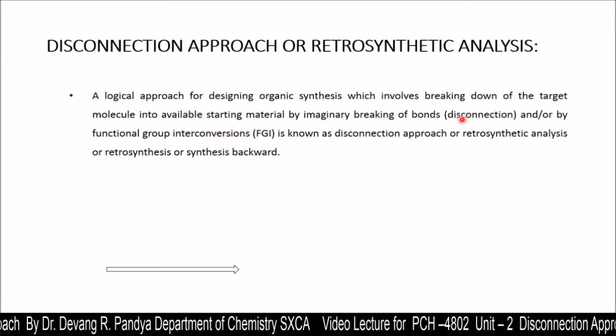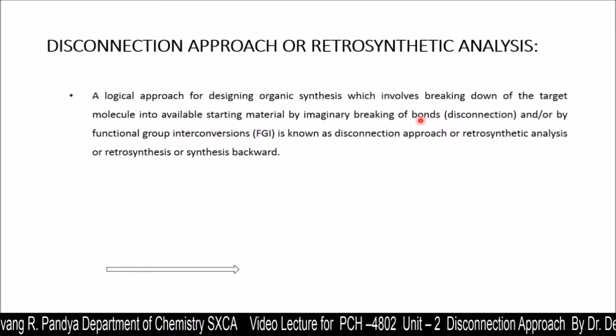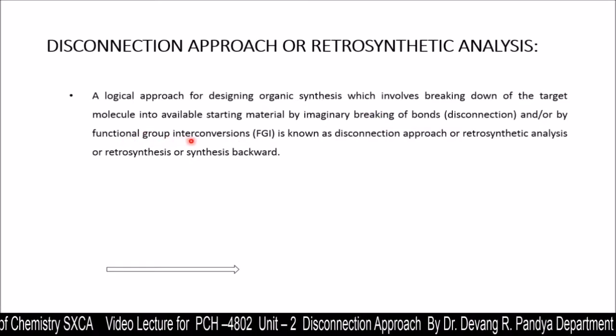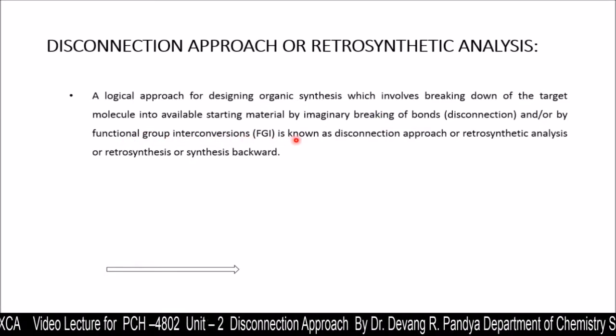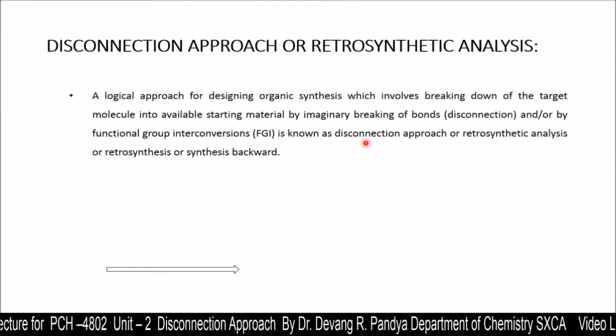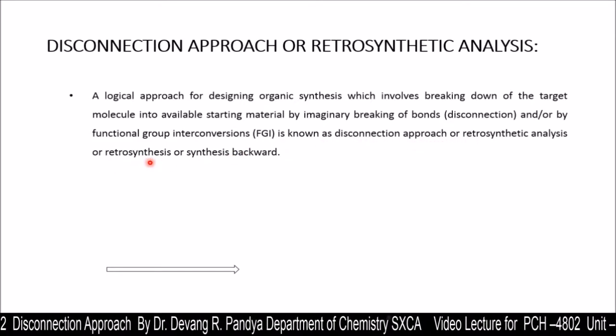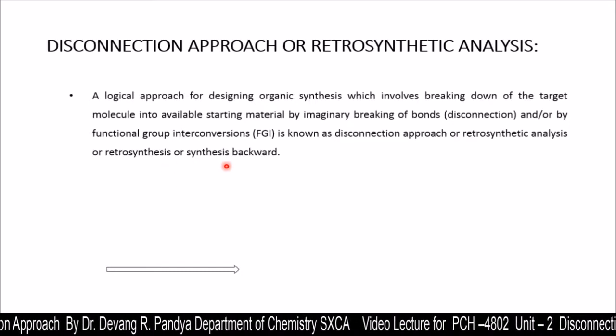When there is no possible disconnection for the starting material, we can use functional group interconversion. This kind of process is known as the disconnection approach, retrosynthetic analysis, retrosynthesis or synthesis backward.